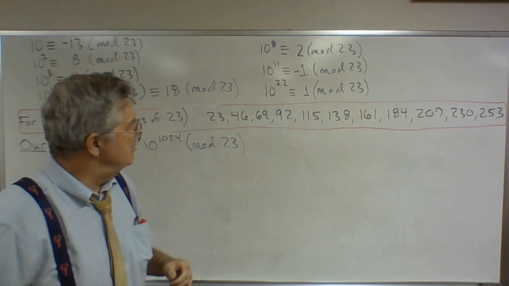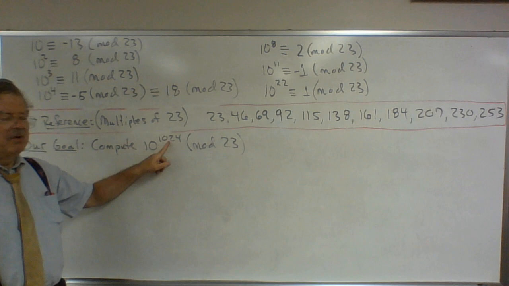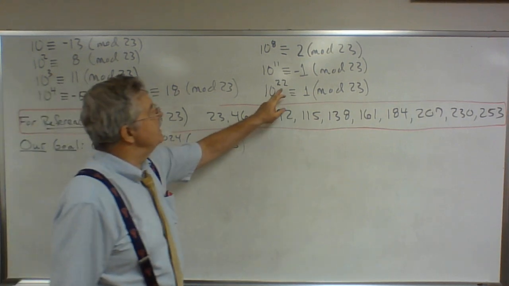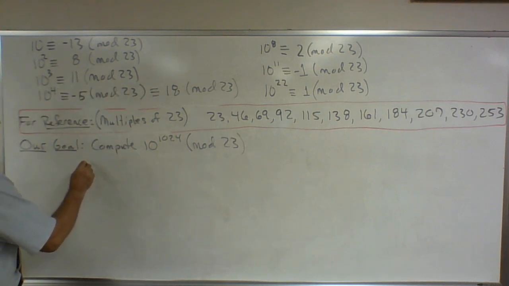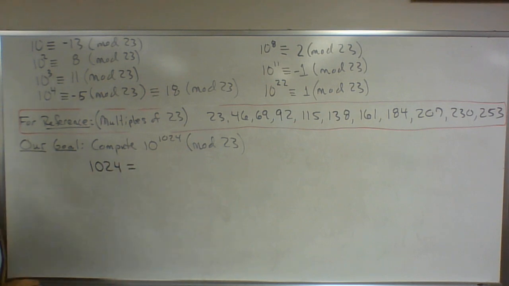So you know what I'm going to do? I'm going to express this exponent, 1024, in terms of 22. Holy moly. Let's see. 22 goes in 4 times.